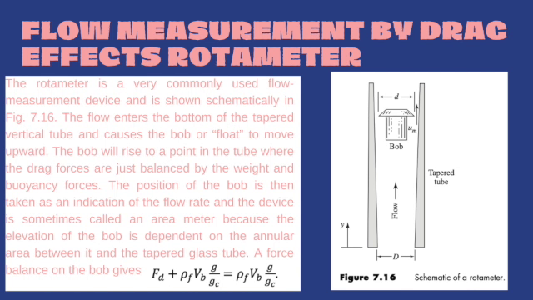So basically, the position of the bob is taken as an indication of the flow rate, and the device is sometimes called an area meter. The things that are written there is the explanation given to us by the chapter. It's just explaining the figure.